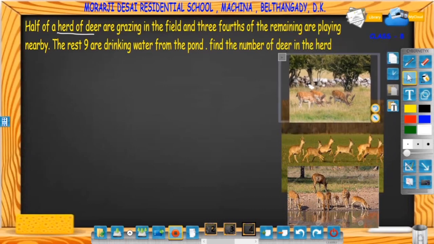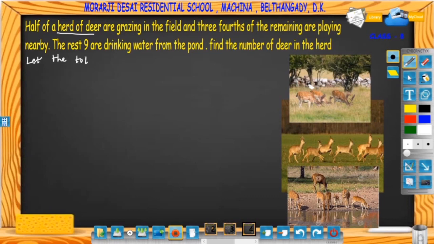Now, what is the total number of deer in a herd? We don't know. So let the total number of deer in the herd be equal to x.